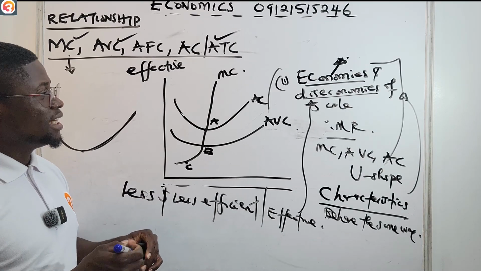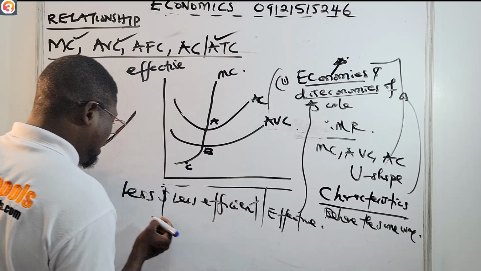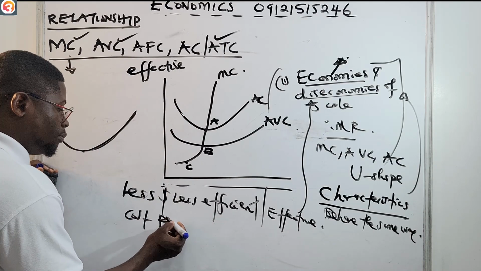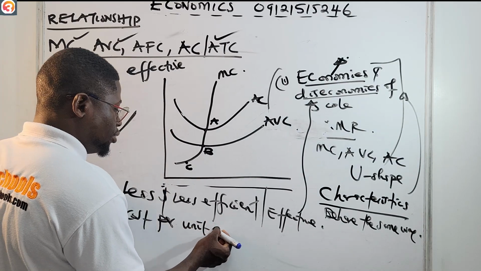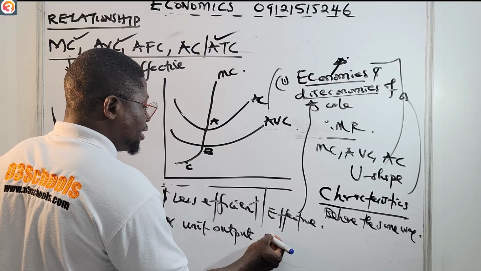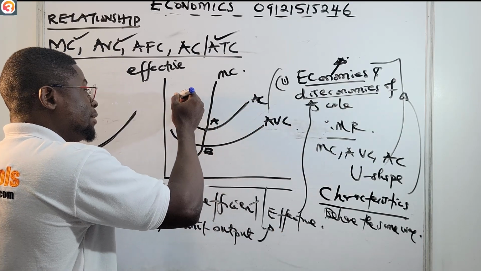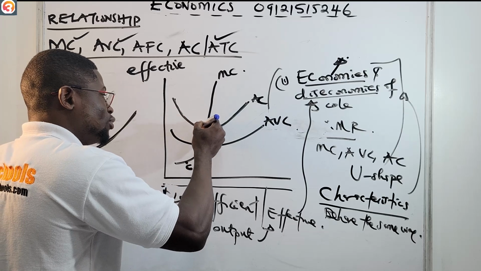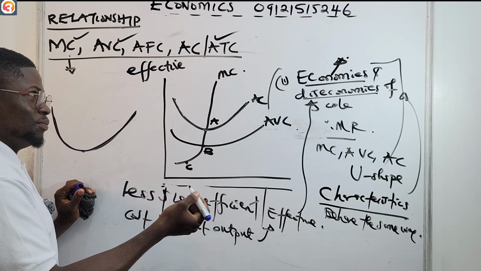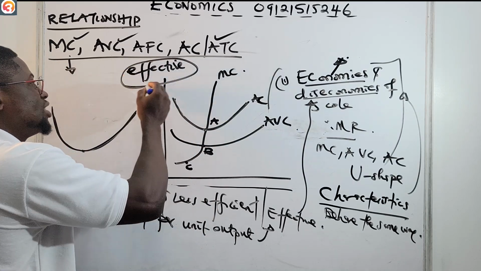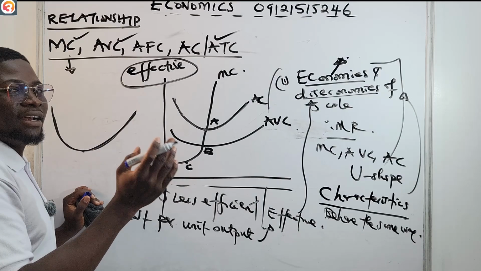So you see that the cost per unit output will begin to rise again. Initially the cost per unit output was falling, because they were efficiently and effectively using their resources.